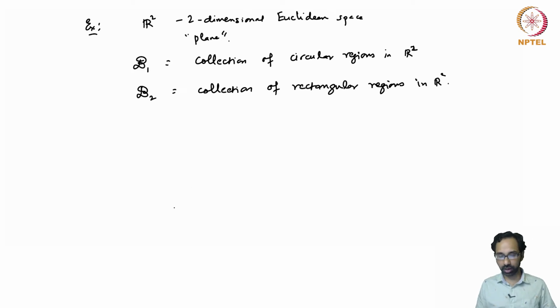First of all, why are these two bases? I'll just give a visual intuition for why this is true. For B1, any point in R2 is contained in a circular region, so property 1 is satisfied for the definition of a basis. The only thing to check is property 2.